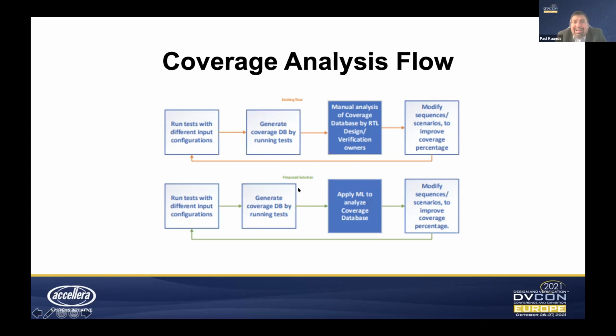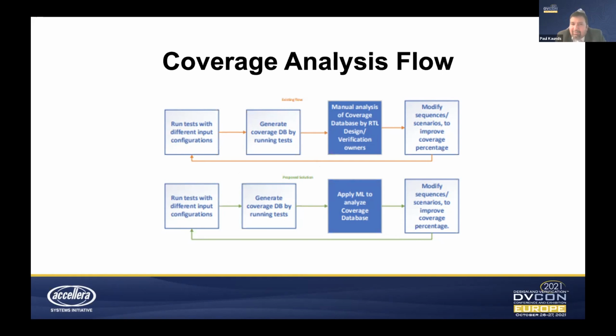Now, in the second part of this slide, we can see what happens if you apply ML to analyze the coverage database. You can run tests with the different configurations. You can generate the coverage database. You can apply ML to analyze coverage databases. And then it can help up to a certain level. I don't say fully, but in the future, it can be fully. Everyone's dream is to have a single click solution that gives you 100% coverage.